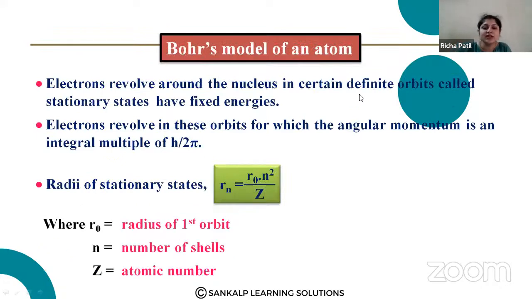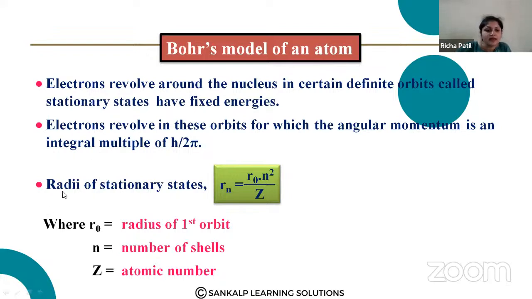The second postulate is that electrons revolve in these orbits with an angular momentum that is an integral multiple of h by 2 pi. These were the main postulates of Bohr's model of an atom.